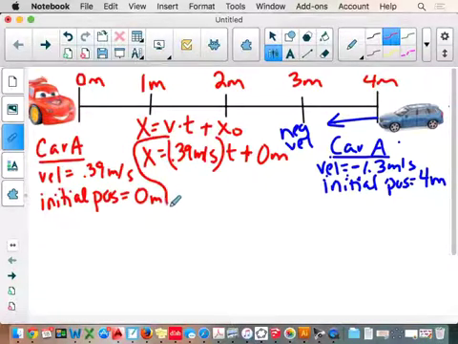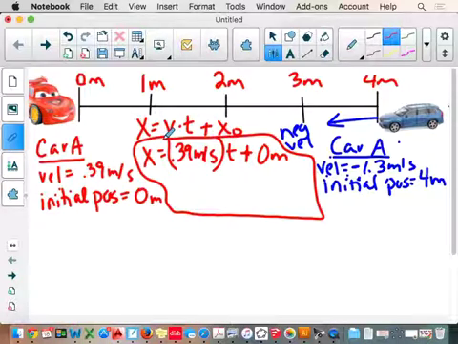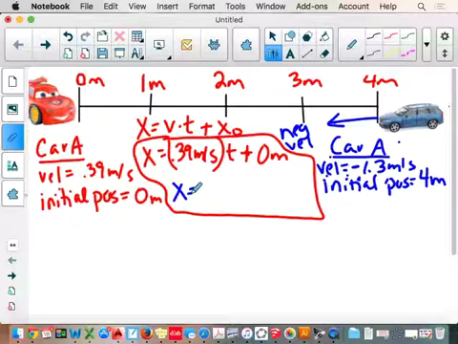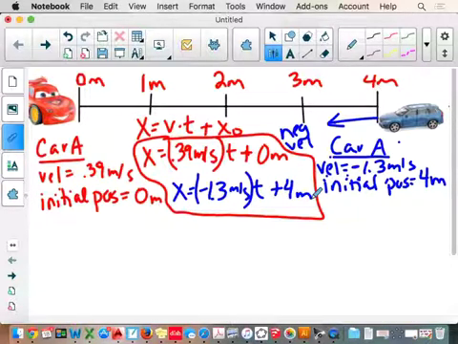And for the blue car, our position is negative 1.3 meters per second times time plus 4 meters. It kind of looks like a negative over here. That's my equal sign. There we go. All right, so we've got our math models written.